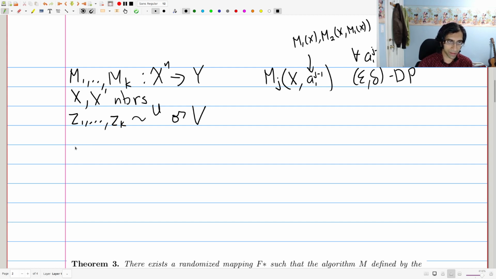So what we have is there's some function f1 first of all, and how do we define f1? It is defined so that it has the following property.